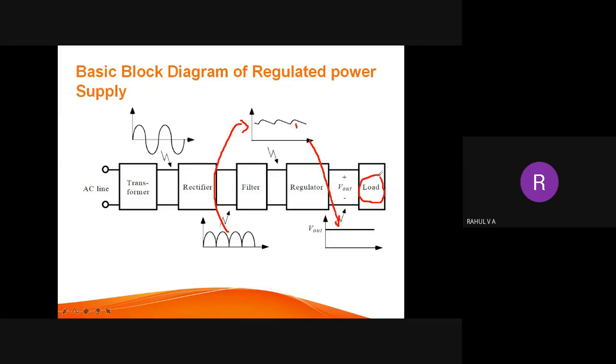The output of the transformer, which is AC, is converted into DC with the help of a rectifier. But the problem is the rectifier will give you pulsating DC. It is not pure DC. So we need to convert this pulsating DC into pure DC before supplying it to any load.